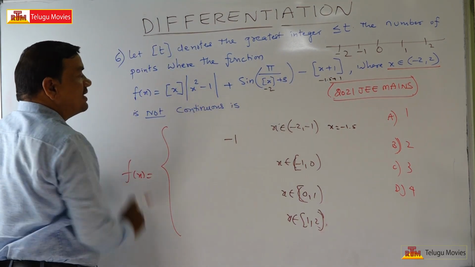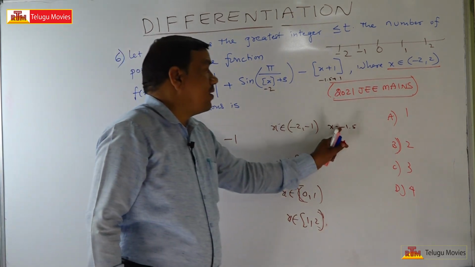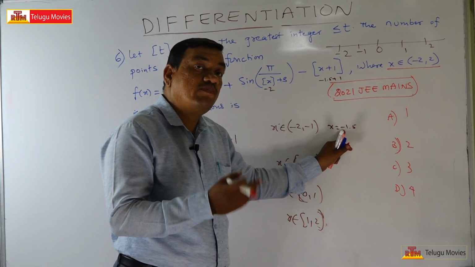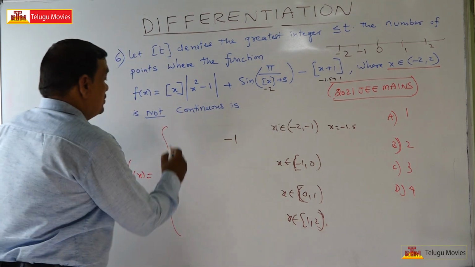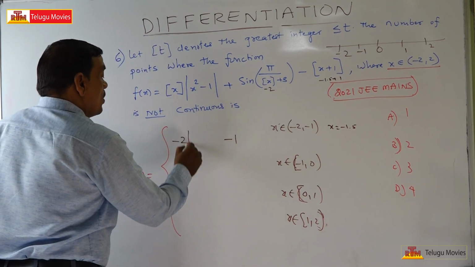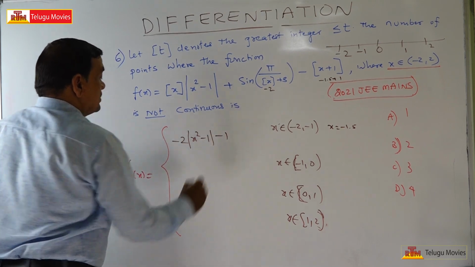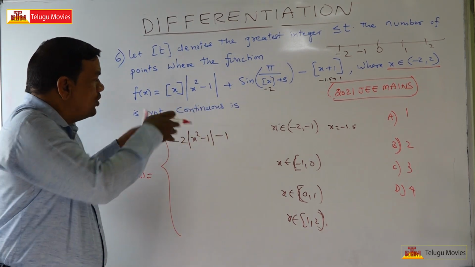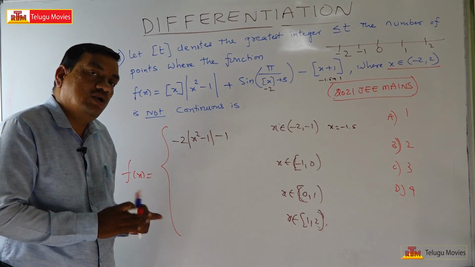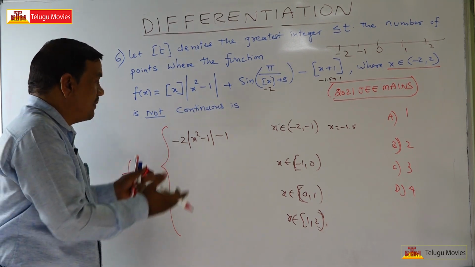What about this, step of x? Step of -1.5 means -2. So this is equal to -2 times modulus of x square minus 1, so you put it as -1. Understand? Modulus of x square, you put it like that, nothing wrong in it. No need to separate that here.